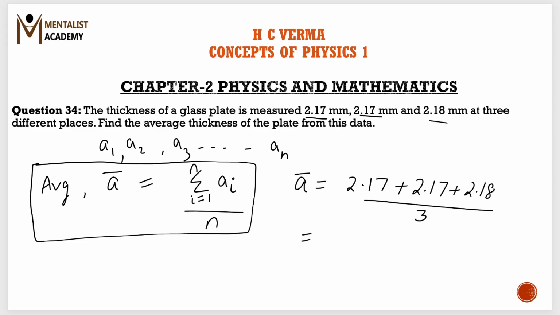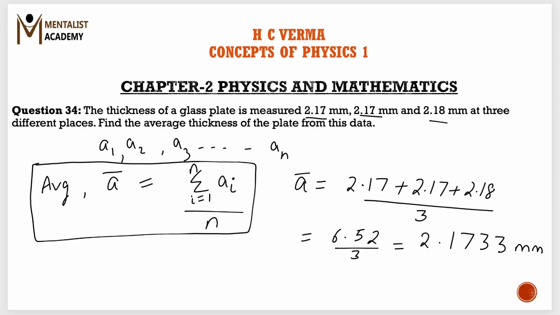So this value would become 6.52 divided by 3. This will come out to be 2.1733 mm.